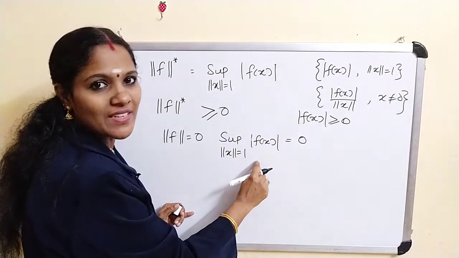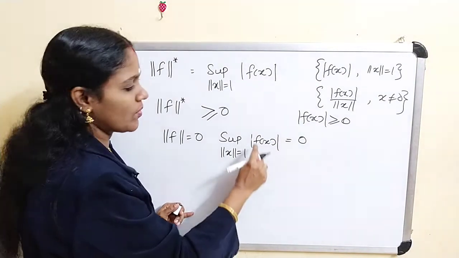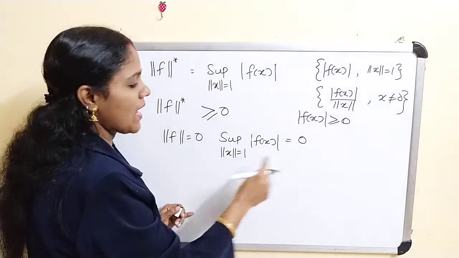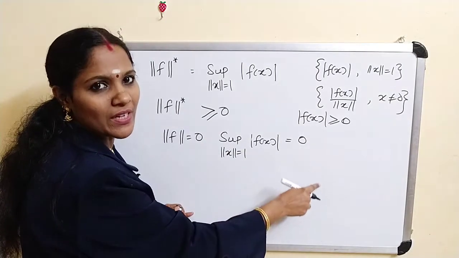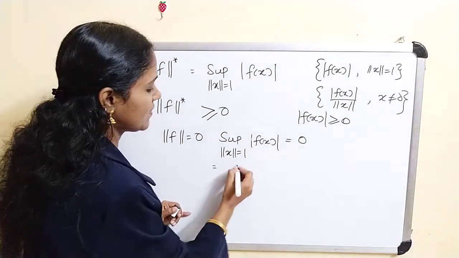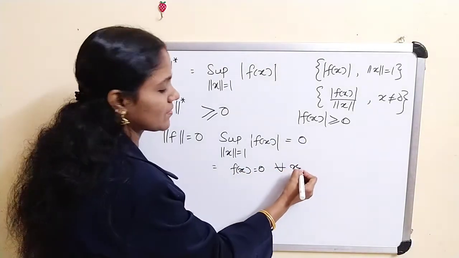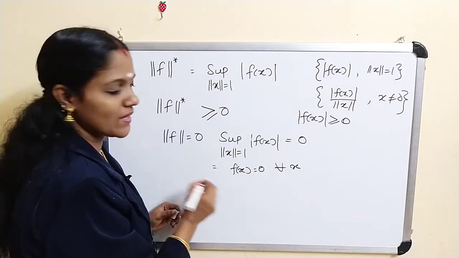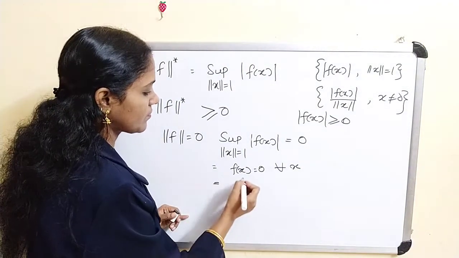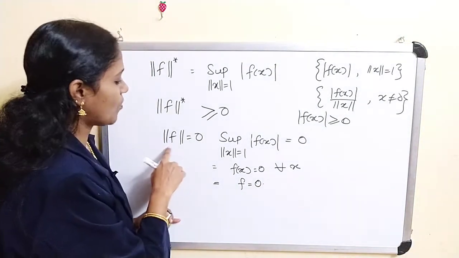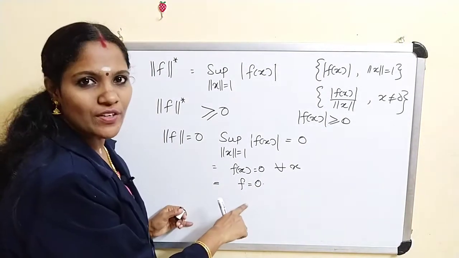Clearly modulus of F of X is greater than or equal to 0, and the supremum value is also equal to 0. This implies F of X is equal to 0 for every X. This implies F is equal to 0.